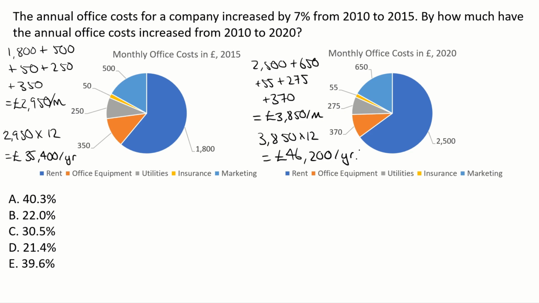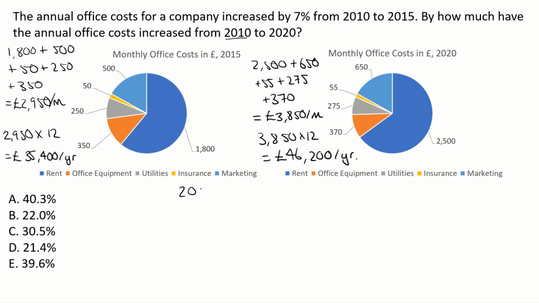So we have got our annual costs for both of these years now, but we want to find out how much the annual office costs increased from 2010 to 2020. We know the value for 2020, but we want to know the value for 2010. And it says that the annual office costs increased by 7% from 2010 to 2015.